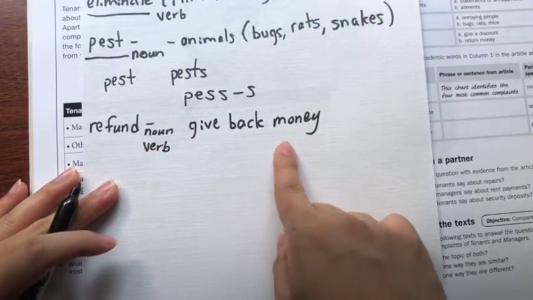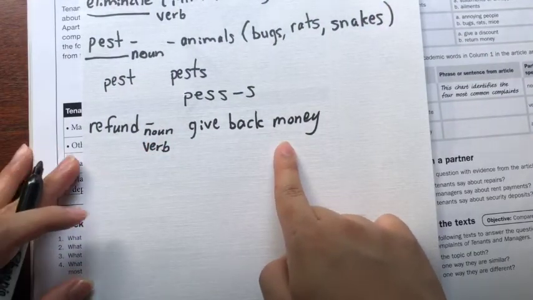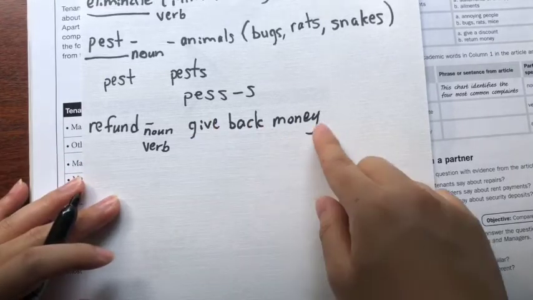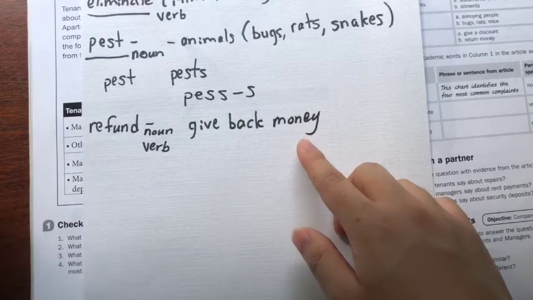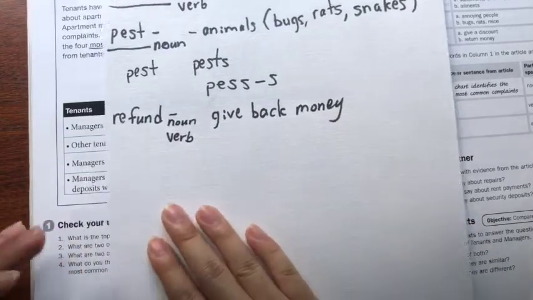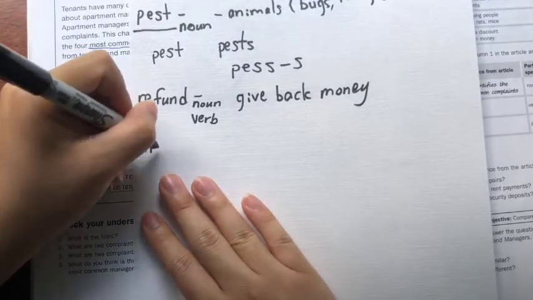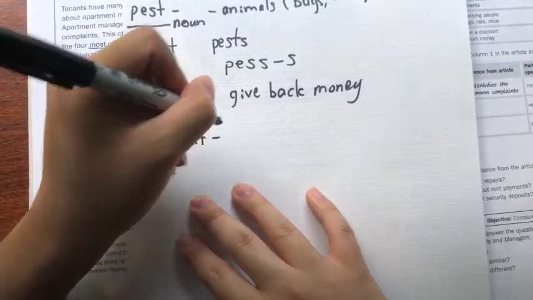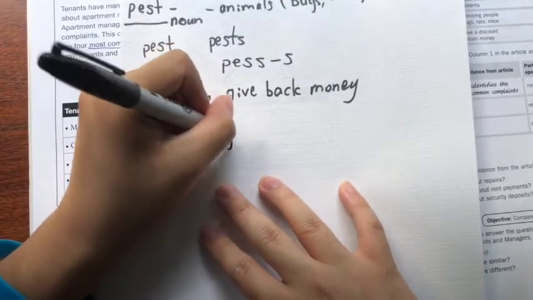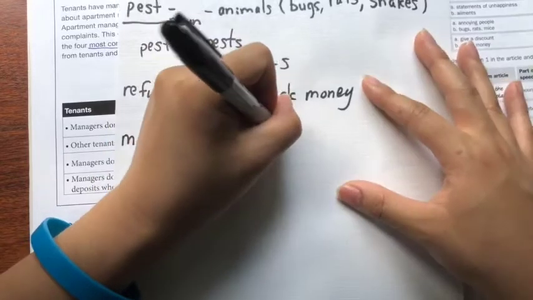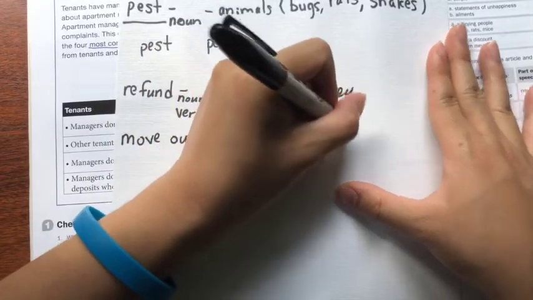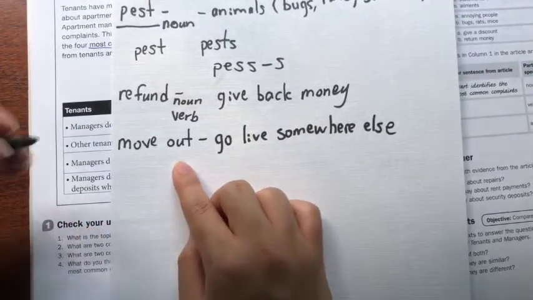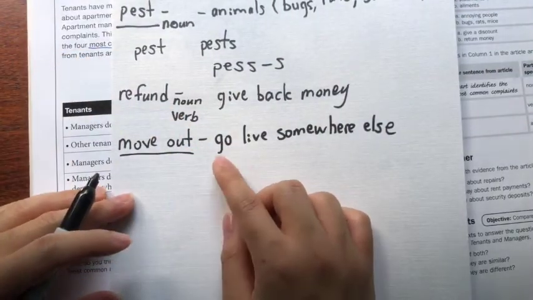So if you go to the store and you buy shoes and you don't like the shoes, you can get a refund. You give back the shoes and you get back your money. It's a refund. Move out means to go live somewhere else. Go live in a different place.